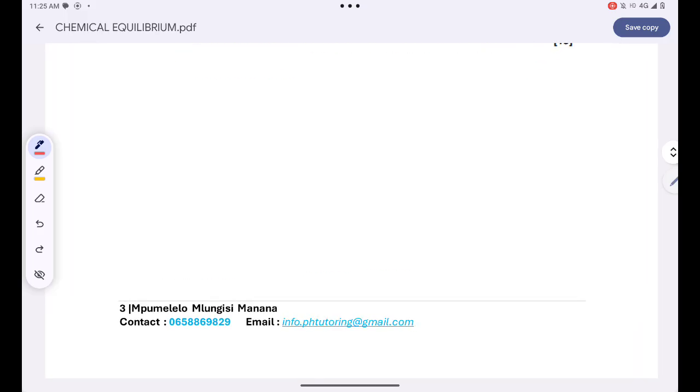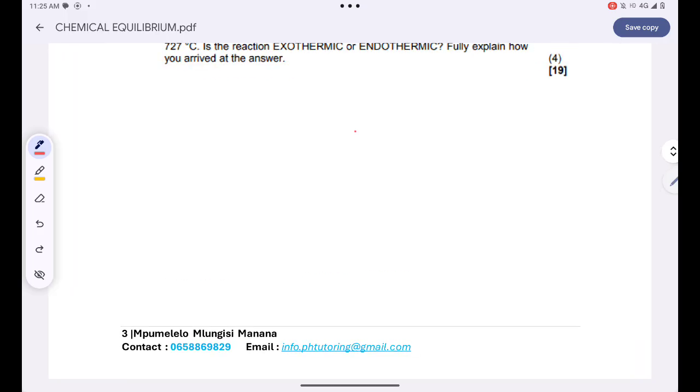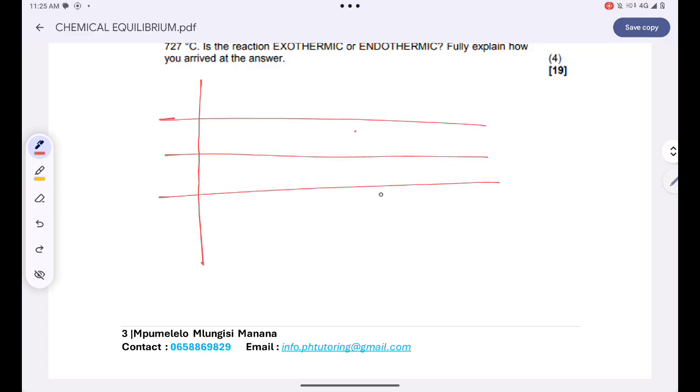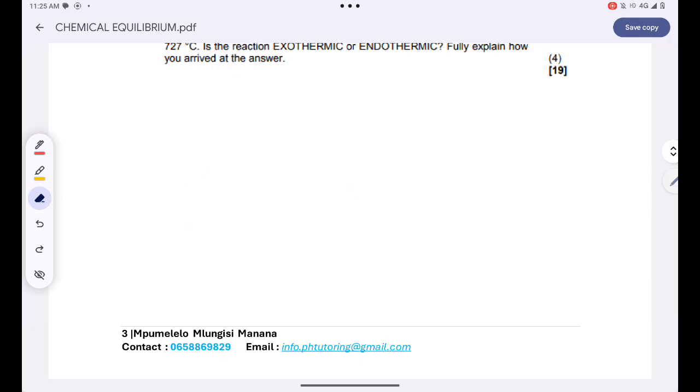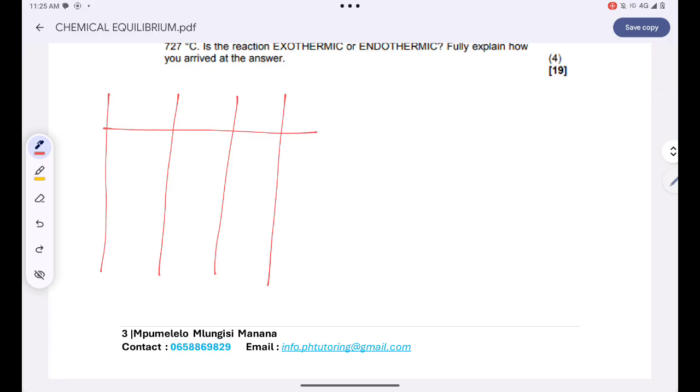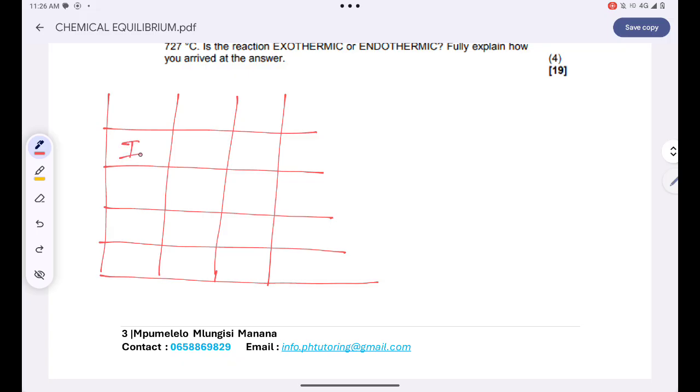Okay. For my Kc, I'll have initial moles, the change in moles, the moles at equilibrium, and the equilibrium concentration.